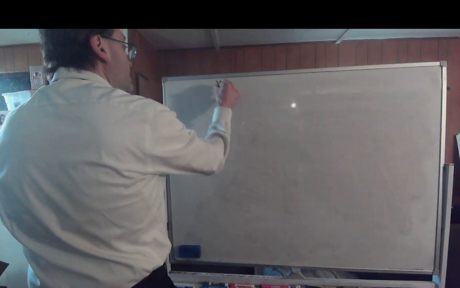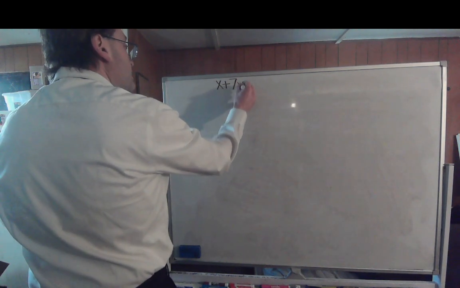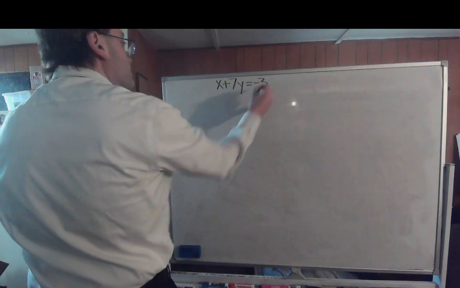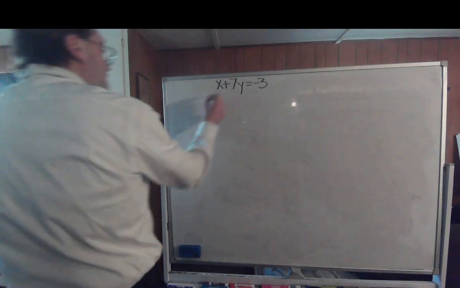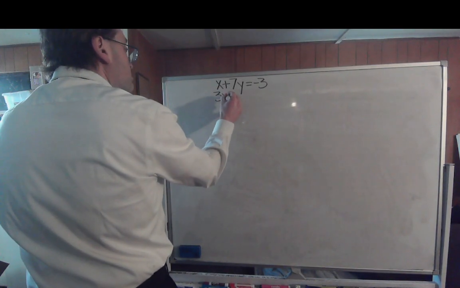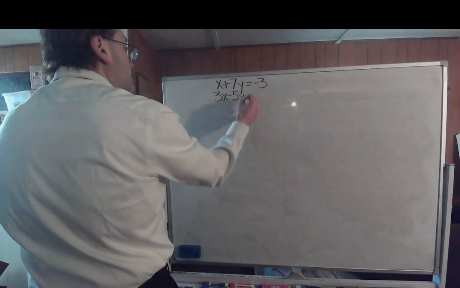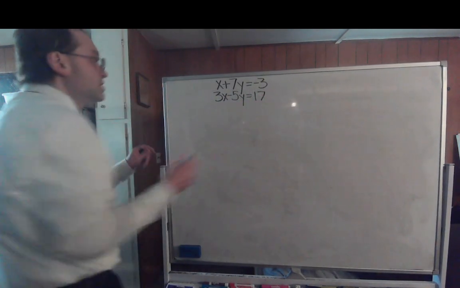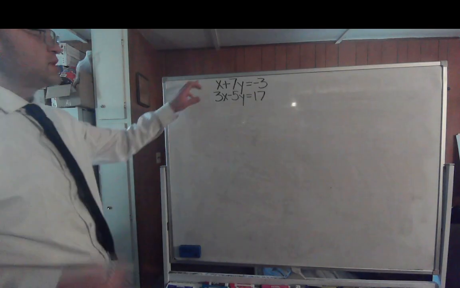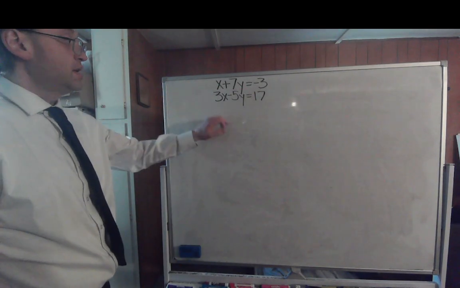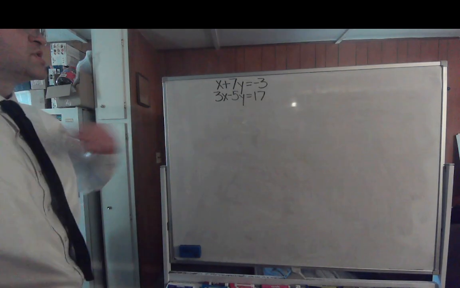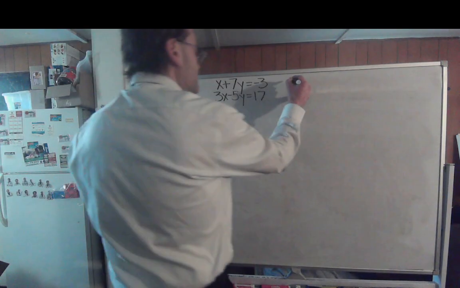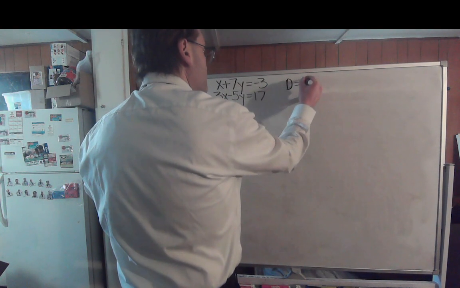Alright, so we have x plus 7y is equal to -3. Then we have 3x minus 5y is equal to 17. So this system here, x plus 7y equals -3, and 3x minus 5y equals 17. So let's go ahead and find our d determinant, which would just be the coefficient determinant.